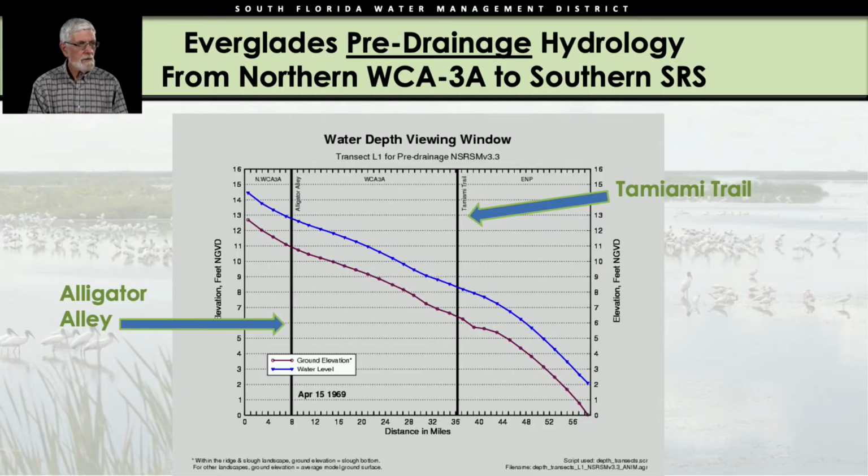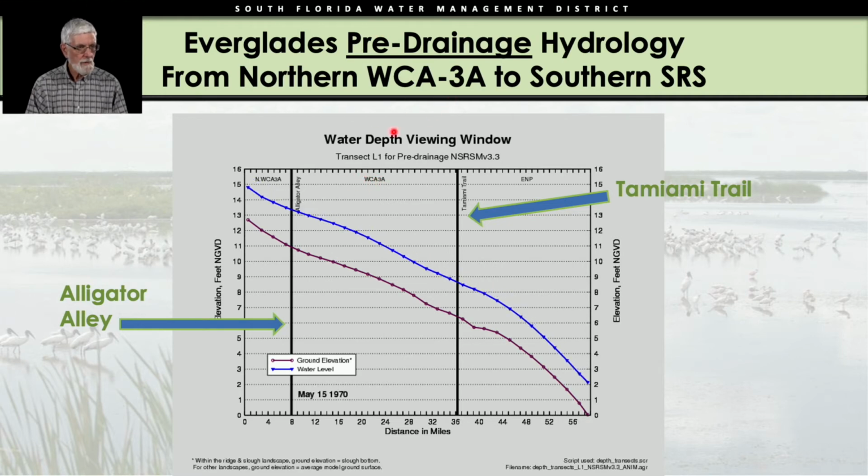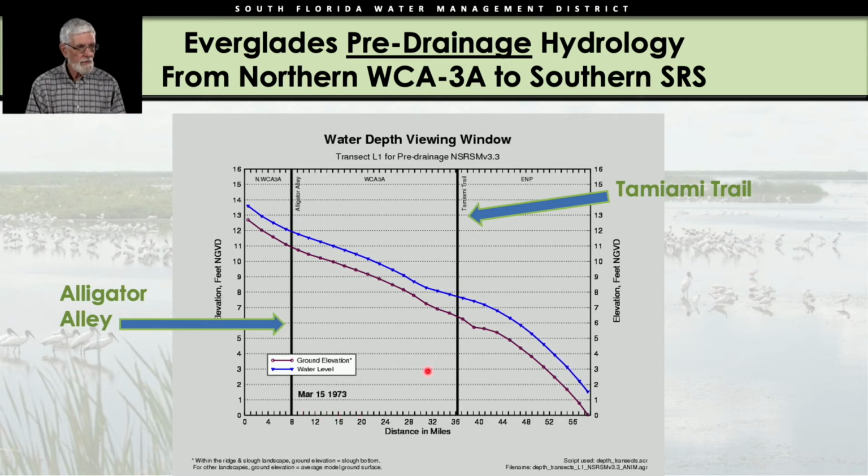So here is the pre-drainage hydrology going from northern 3A into Shark River Slough. Shark River Slough is down here. There's Tamiami Trail, and this whole other section is 3A. What we're seeing is monthly water level changes using our meteorologic period of record.